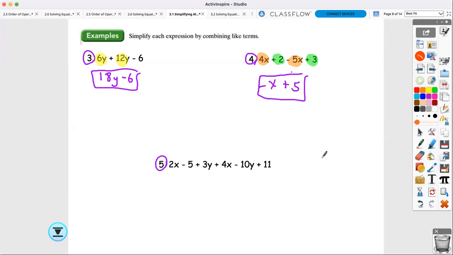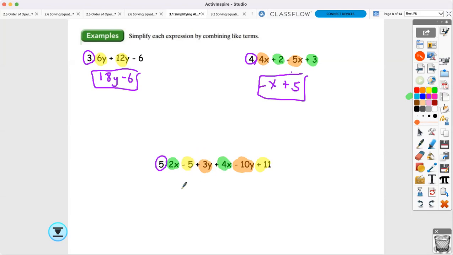And we're done here. And in example 5, we can combine the 2x with the 4x. We can combine the negative 5 with the 11. And then we can combine the 3y with the negative 10y. Well, I'm going to do the x's first because we want to go in alphabetical order.